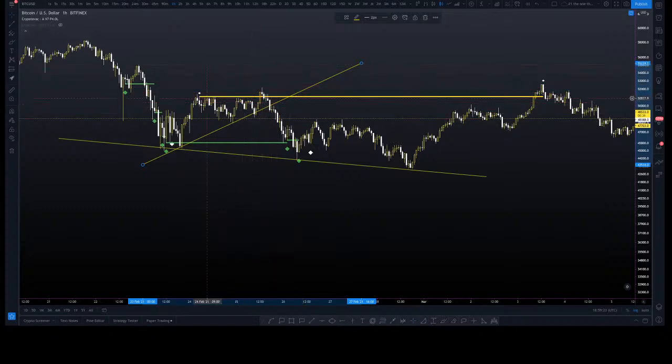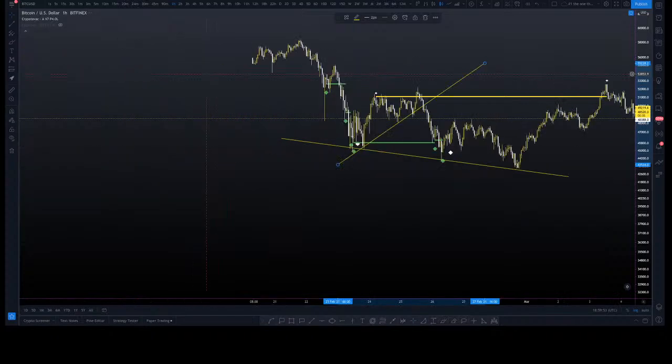But we had a yellow line of support being printed as well. It stopped printing around it, right there, just perfectly. And so we're starting to see a pattern being drawn here. It's an ascending triangle. So if it breaks to the upside, we're pumping up. But it failed.